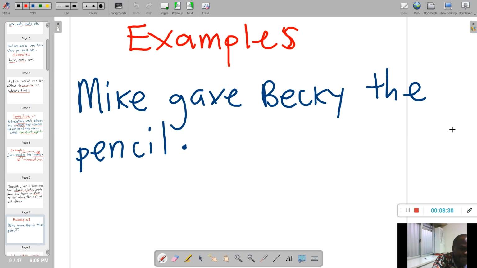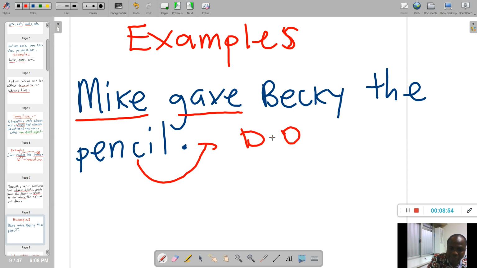Example: Mike gave Becky the pencil. If you look at this sentence, the verb is gave. The direct object is the pencil, D-O. What did he give? The pencil. The indirect object is Becky.